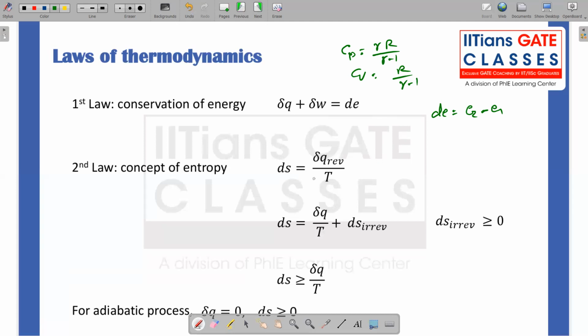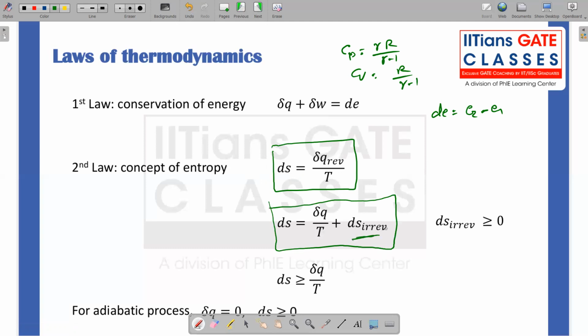So here you see, I have an equation: dS is equal to delta Q reversible divided by T. This is how the entropy change in the system is defined during the process. And if I have to give a more precise definition for the second law, it is this equation, where I have dS irreversibilities. This is nothing but the entropy change which occurs due to irreversibilities in the system.